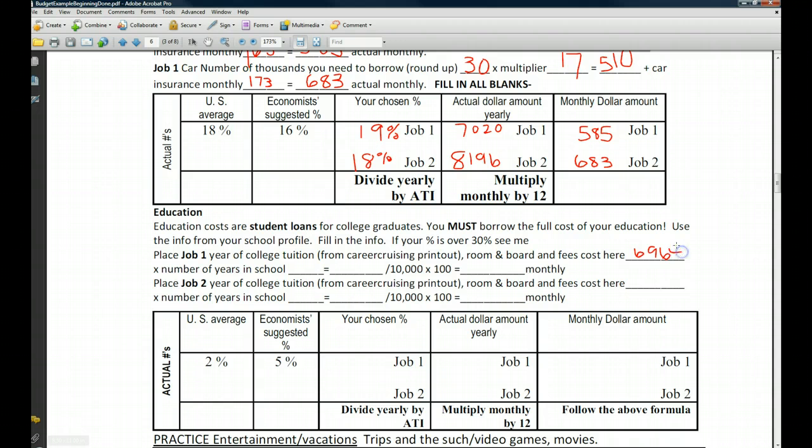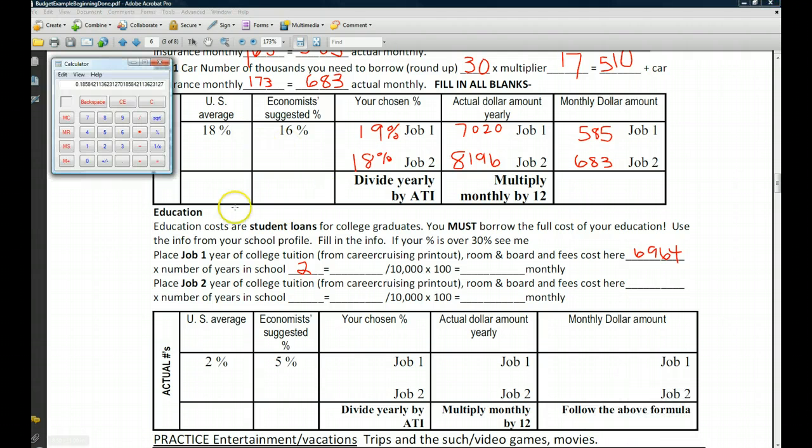For me, that is a 2-year degree because associate's degrees are always 2 years. Okay, so this is what you're going to do. I have 6,964 times 2.